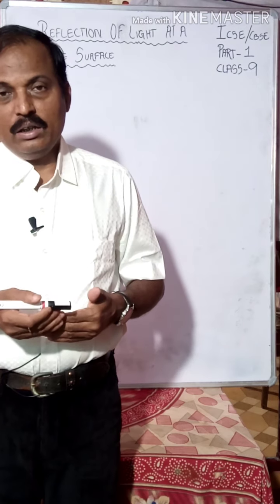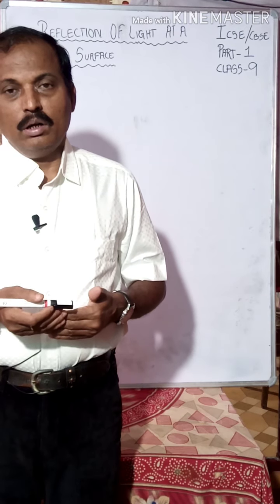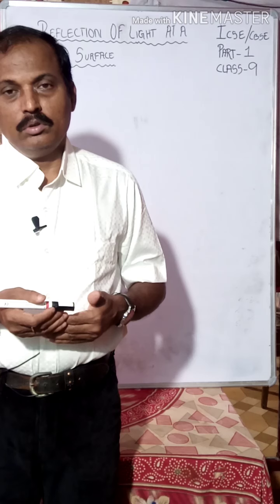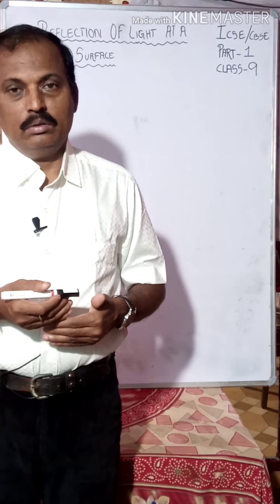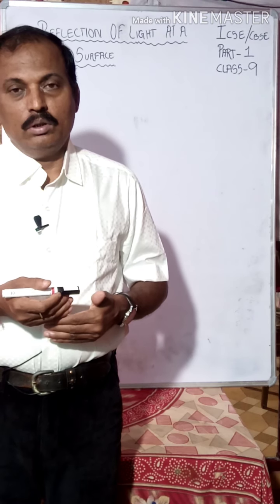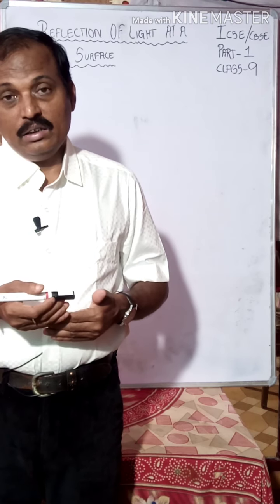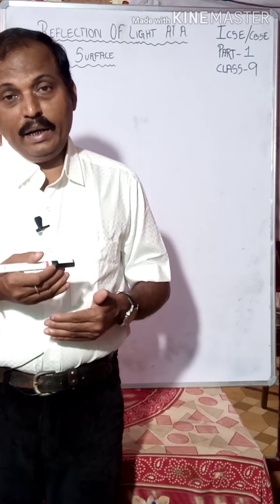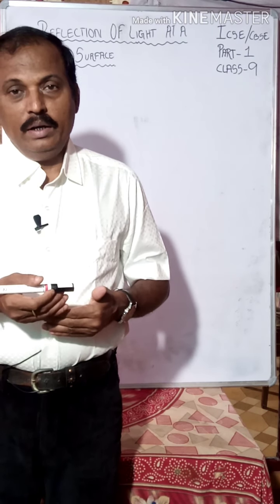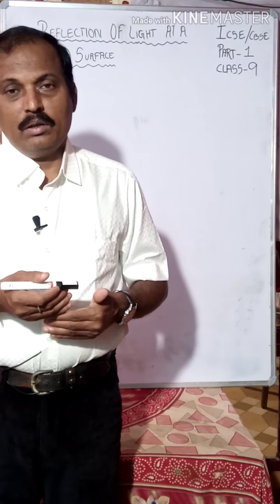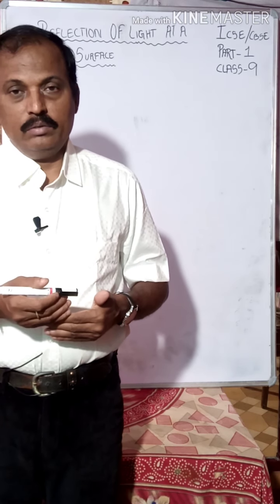What do we see around us? Those are the images we see. As our eye is a lens, it receives only the image of an object.